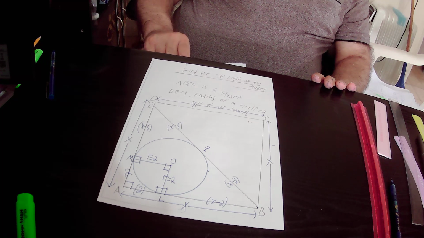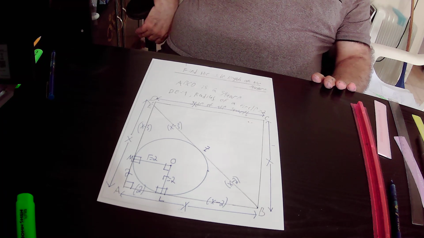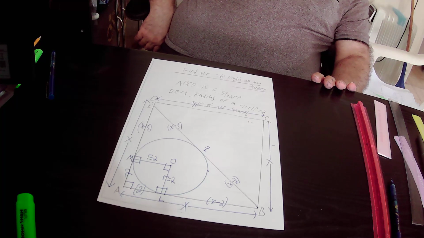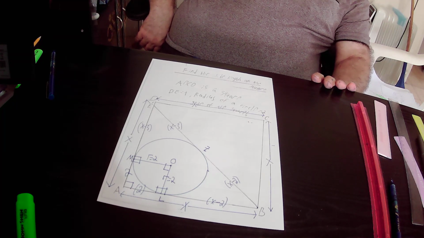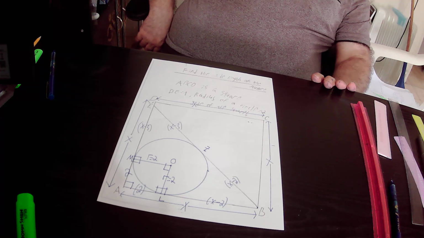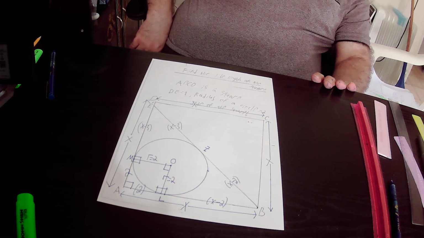Then I presented to you rule number 1. According to rule number 1, a tangent to a circle is perpendicular to the radius drawn to its point of tangency.